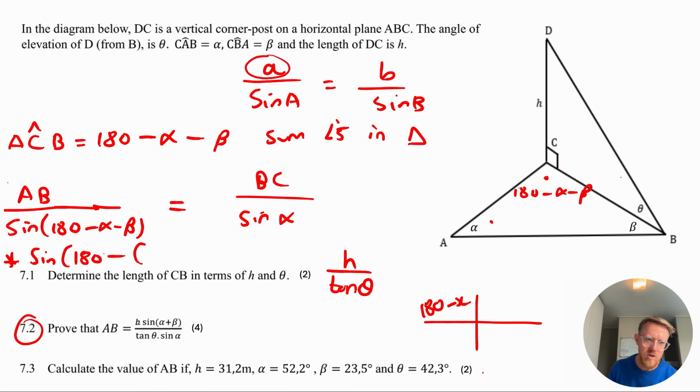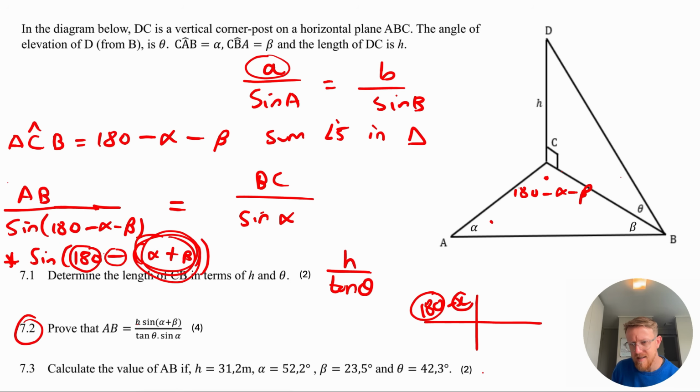Then what you're left with is alpha plus beta. Now we have a scenario where we have 180 minus something, just like over here, where it's x, whereas here it's alpha plus beta.